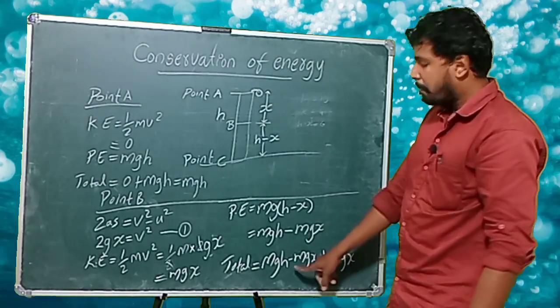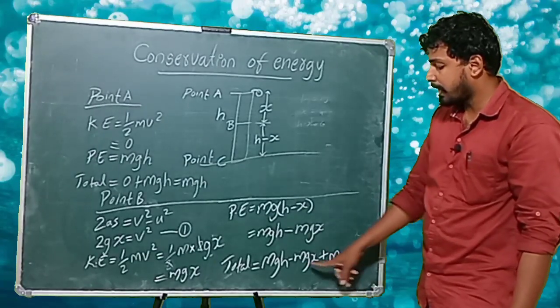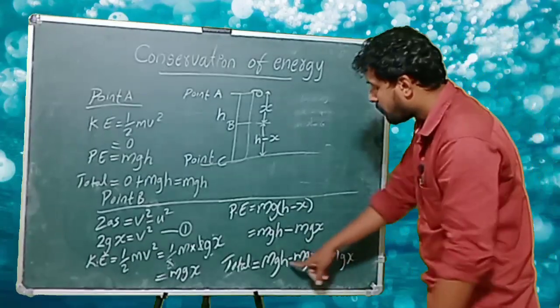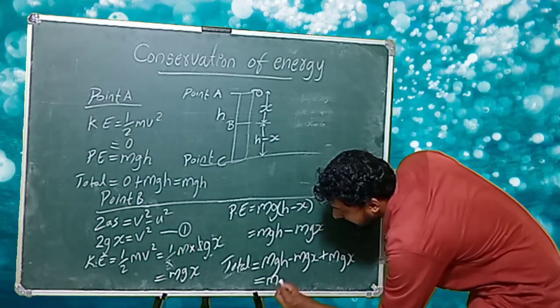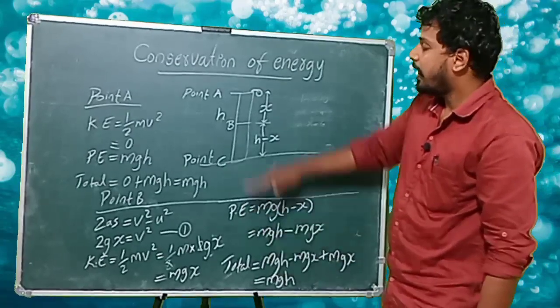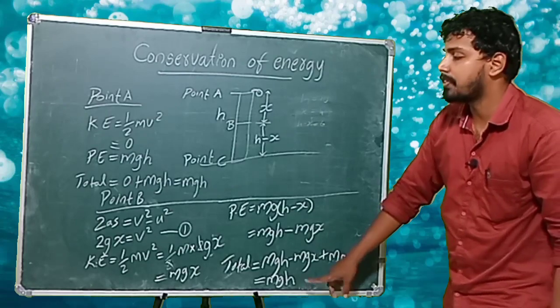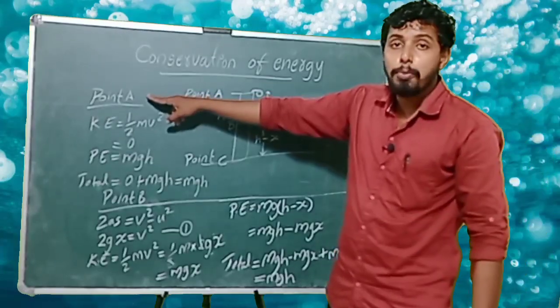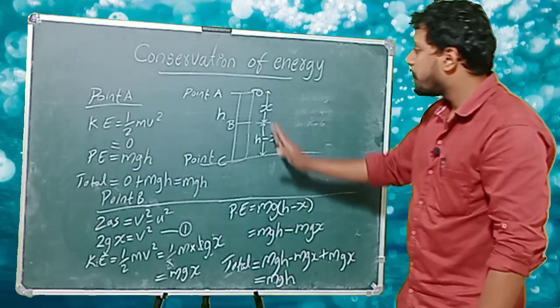Minus mgx plus mgx is 0, so you will get total mgh. At the point B, the total energy is mgh. What is the total energy at point B? mgh, isn't it?